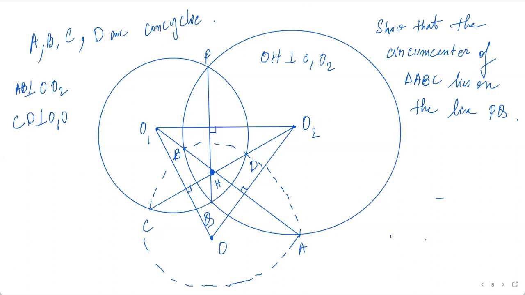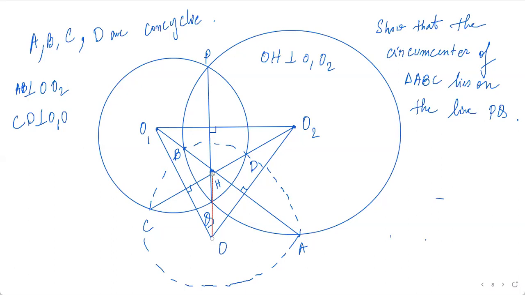Okay, so why is it so difficult? It's easy, right? Because H is the orthocenter of the triangle OO1O2.